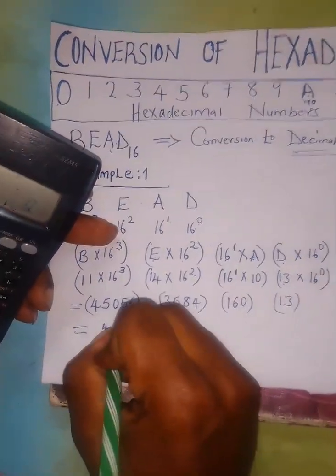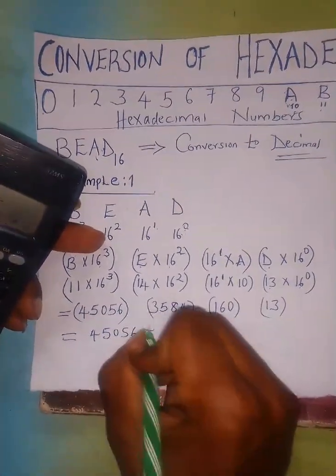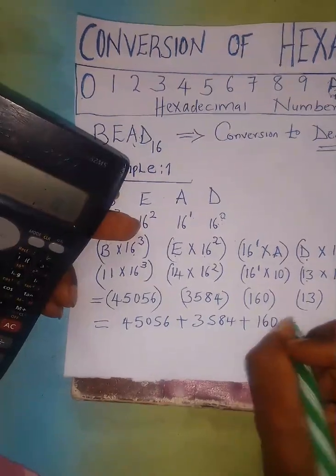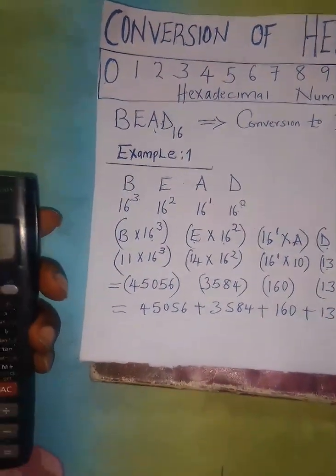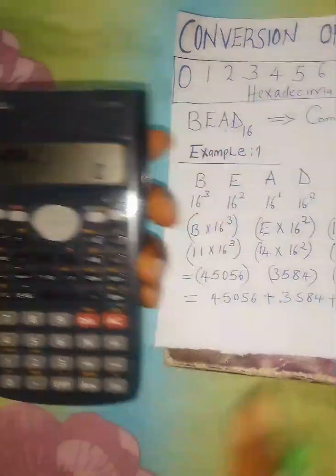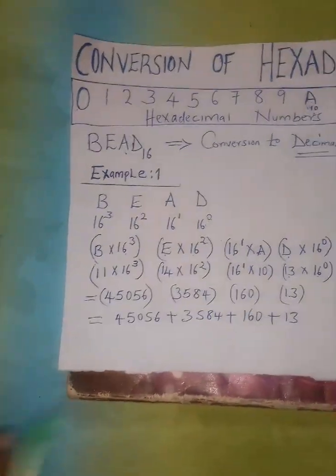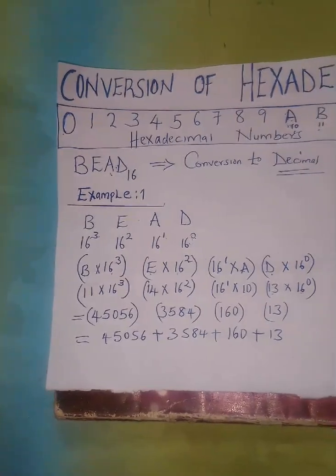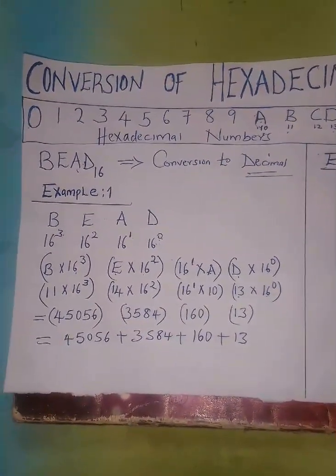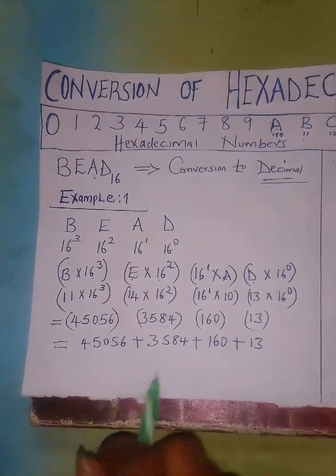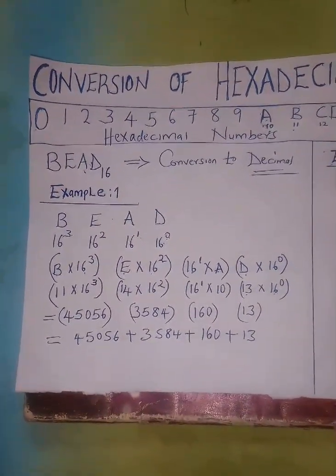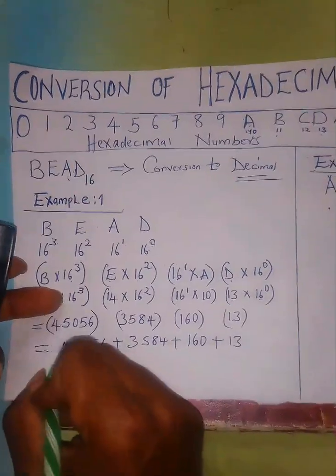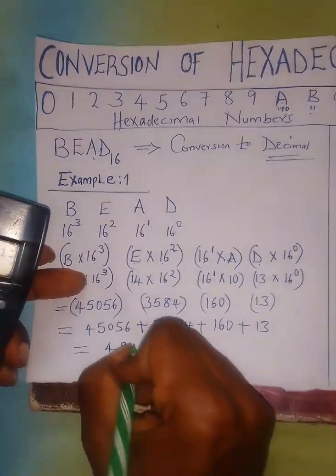So it is 45,056, you add 3,584, you add 160, then you add 13, which is 48,813.